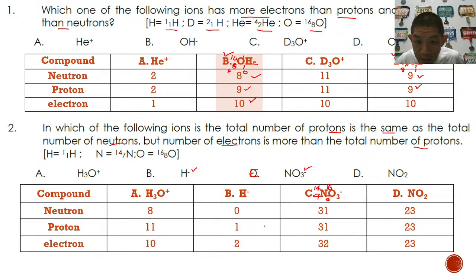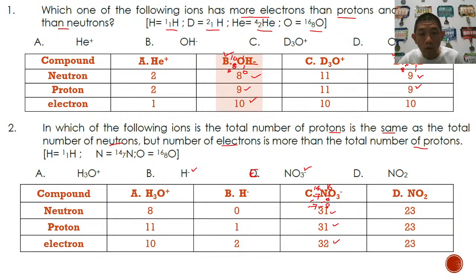In this case you can already see that the protons and neutrons are 7 and 8 respectively. So you can see that neutron and proton are the same for the nitrate ion. When you total up, you have 31 neutrons, 31 protons, and 32 electrons.